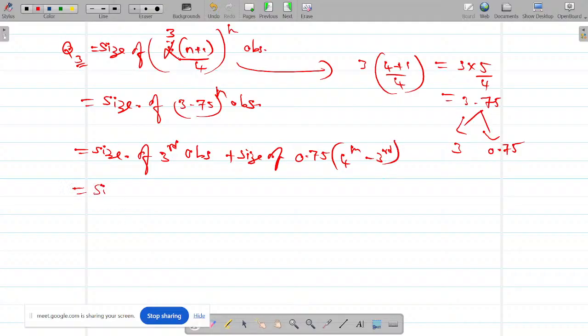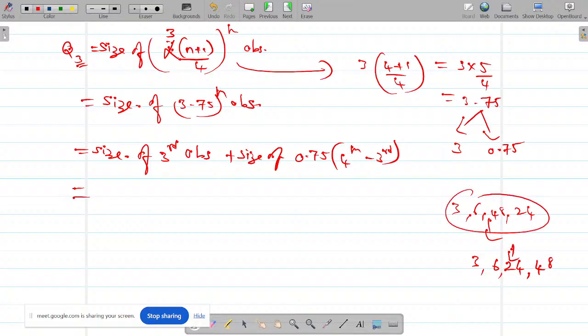So size of third observation is, see, actually in the question you will find 3, 6, 48, 24. But before applying the formula, the first step of finding the quartile is to arrange in order. So your values will be now 24, 48. So this is your third observation. You should not directly take from the question. Okay, be careful of this one.